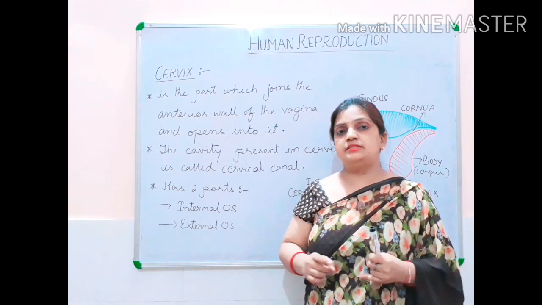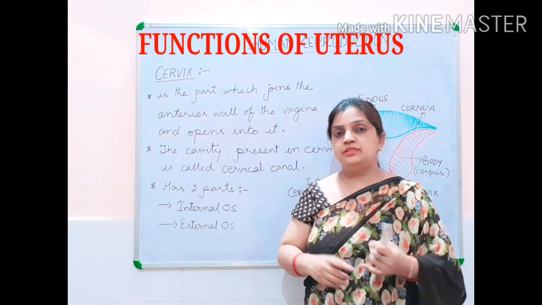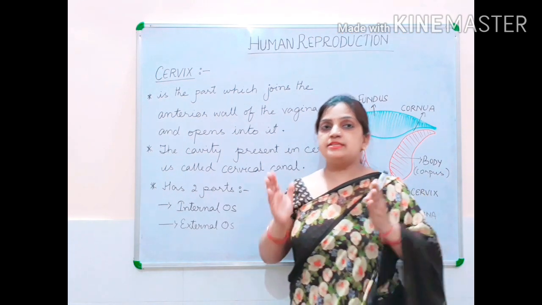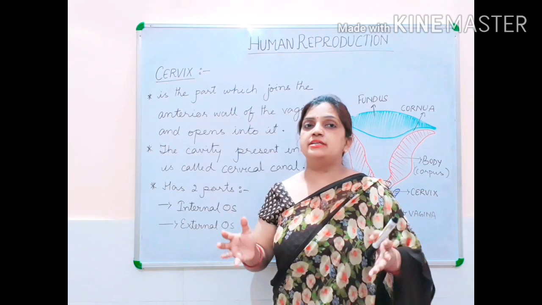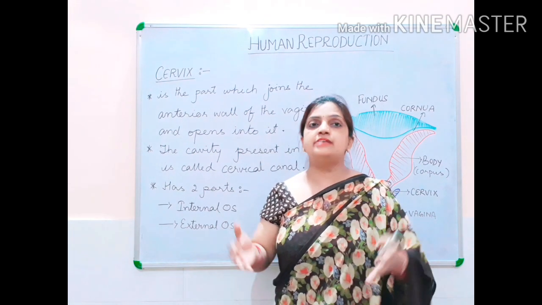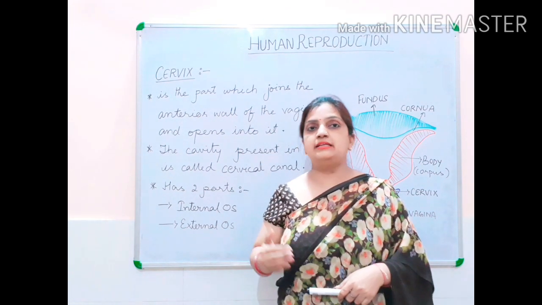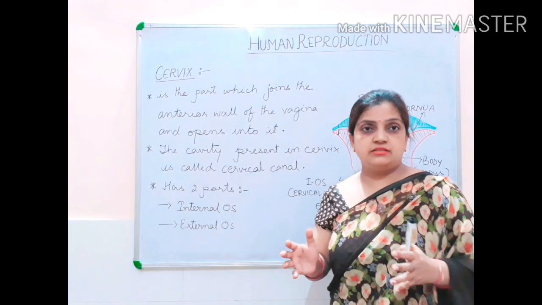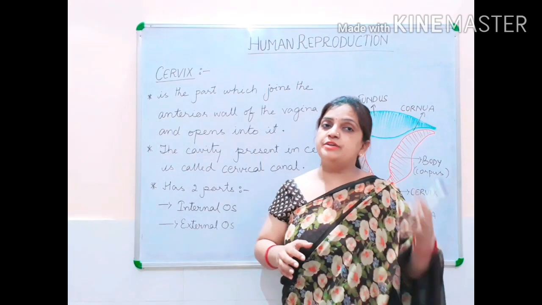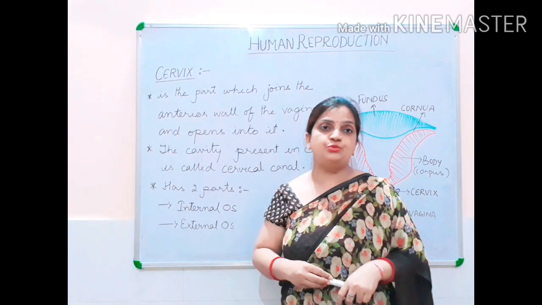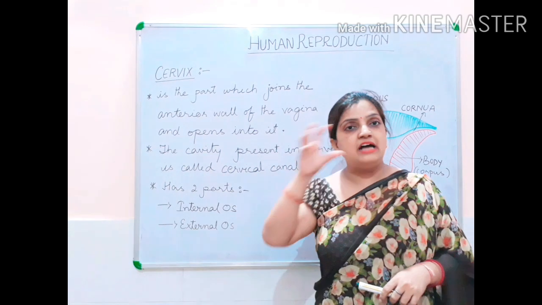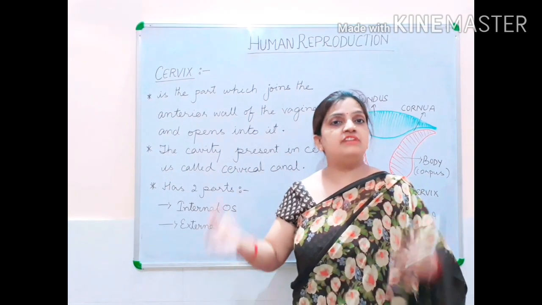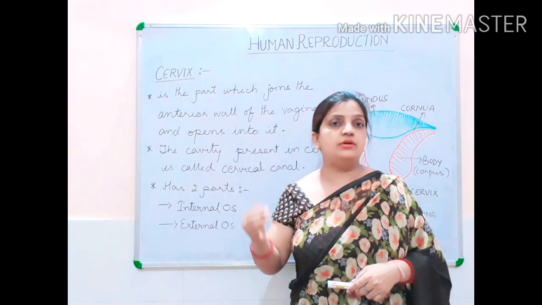If I consider the structure of the endometrium, the inner lining of the body of the uterus, it is causing the menstruation cycle in females because of cyclic changes. Then this uterus is a place where, after the formation of the zygote in the fallopian tube, the zygote transfers into the uterus and gets developed there into an embryo and fetus.